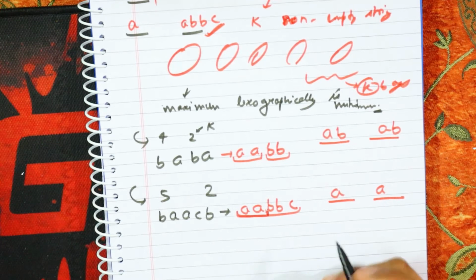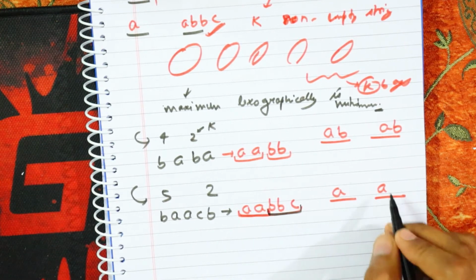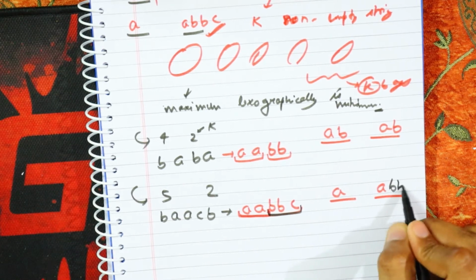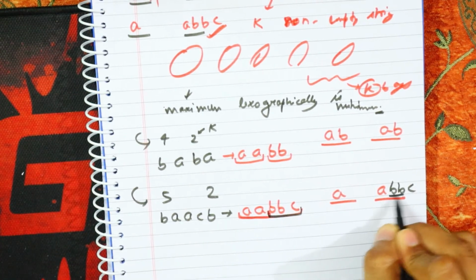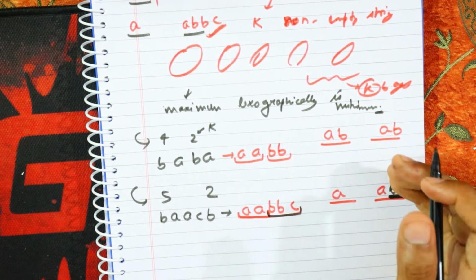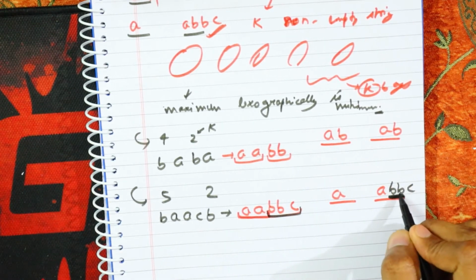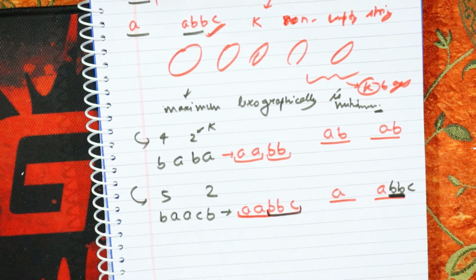So what I will do is place the whole string in one, B, B, C. Why did it happen? Because see, B, B: if I remove one B, then it will become lexicographically bigger than this string. So to make it lexicographically the least, I am doing this.